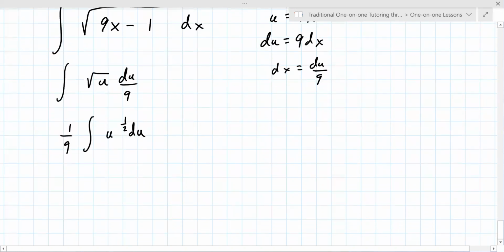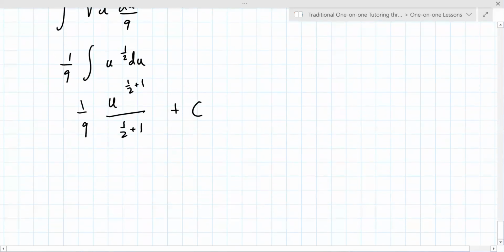Do you know how to do it when it's just a number to an exponent? Yes, you add 1, right? Over 1/2 plus 1, times 1/9. Great. So this is just a matter of simplifying. It's 1/9 u to the 3/2 over 3/2 plus c.